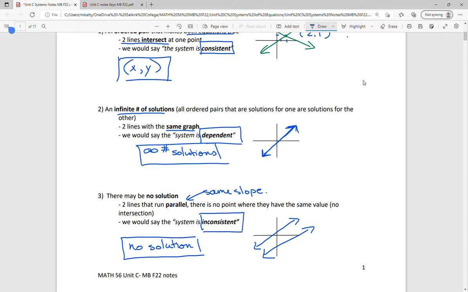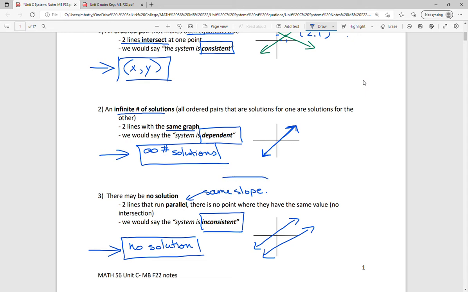So you have these funky words, consistent, dependent, and inconsistent, and then really the practical bits that go with them. For a consistent system, the two lines intersect at a point, x and y. For a dependent system, the lines are actually the same line, and so there's an infinite number of ordered pairs that would make those equations true. And for an inconsistent system, the lines may look different.